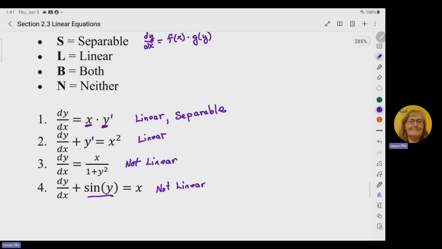On number 2, when you bring that y over to the right side, you're going to have dy over dx equals x squared minus y. If you have a plus or minus in between the terms, unless you have a common factor that will factor out so that you get a function of x times a function of y, it is not going to be separable. Here, there's no way of factoring to break up the x squared and the y. So this one is not separable.